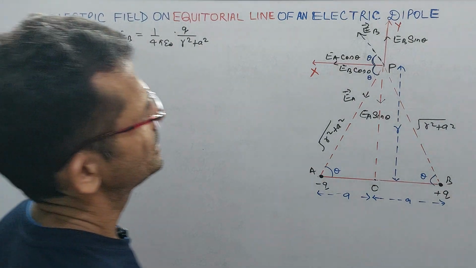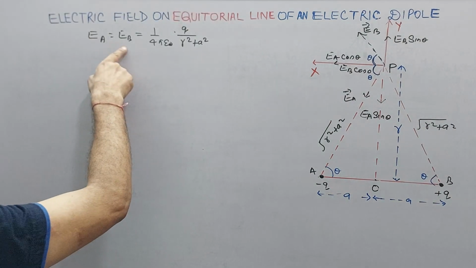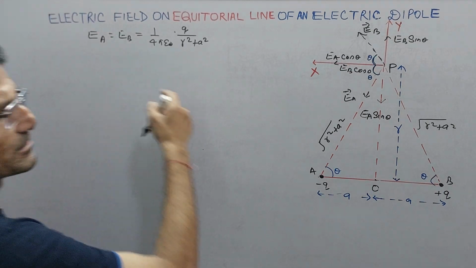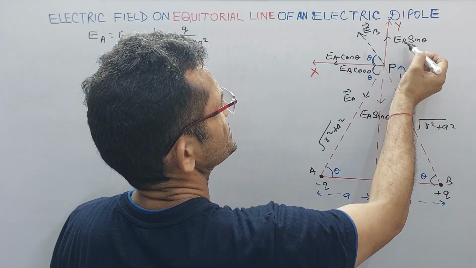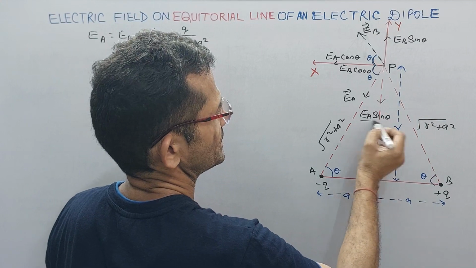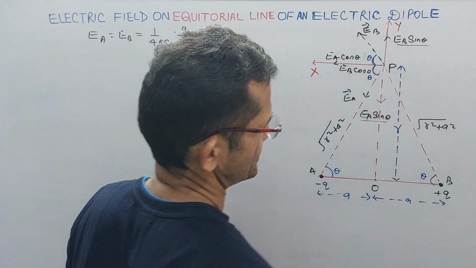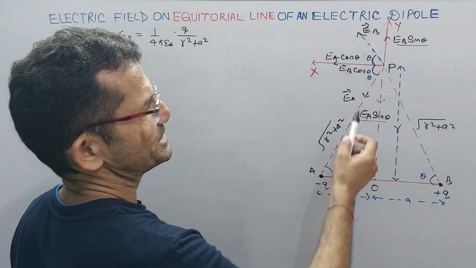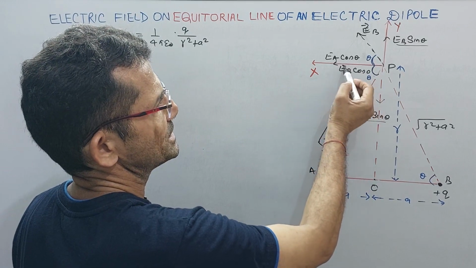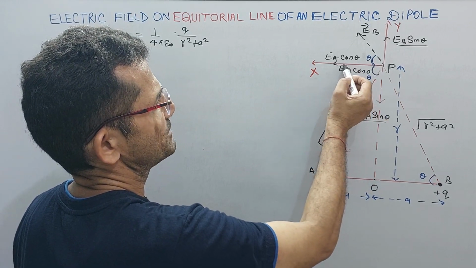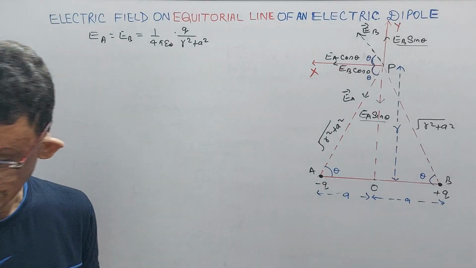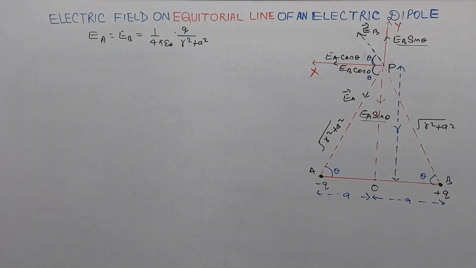Now since EA and EB are both equal in magnitude, therefore EB sin theta and EA sin theta will cancel out. Only the net electric field becomes EA cos theta plus EB cos theta. This will be the net electric field on the dipole axis.